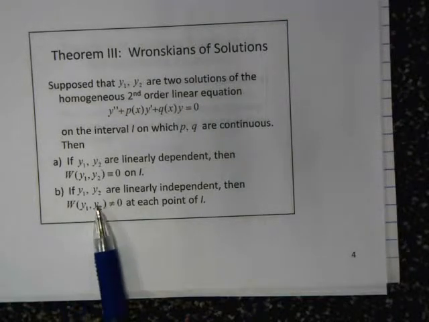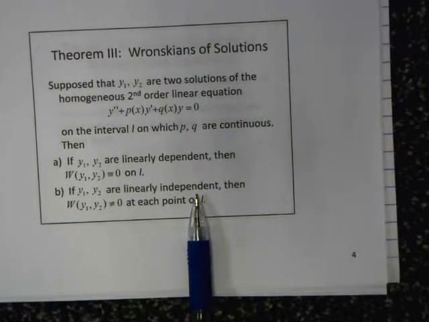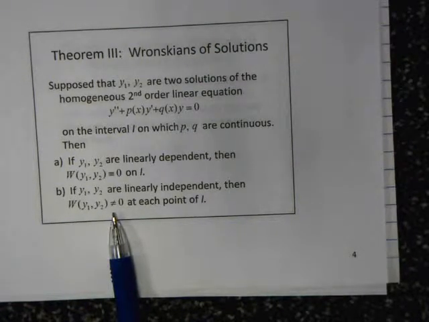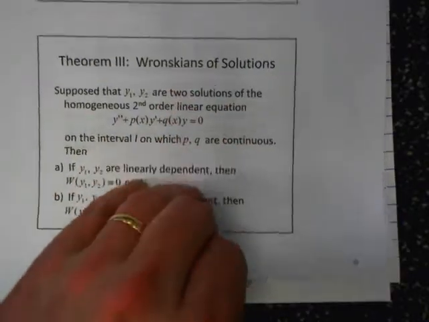If y1 and y2 are linearly independent, then the Wronskian will not be 0. All right, so I have a question for you. Are f of x equals sine x and g of x equals cosine x linearly independent?